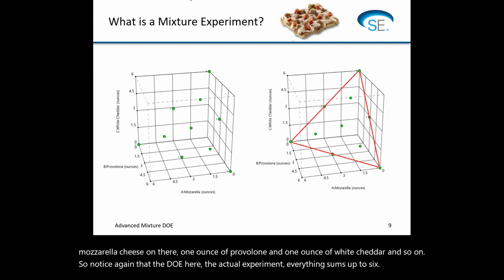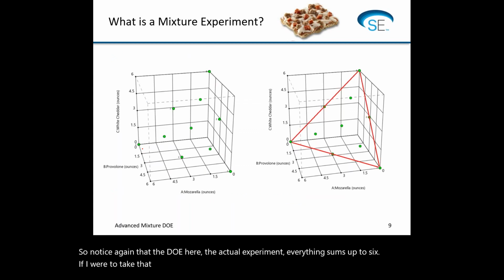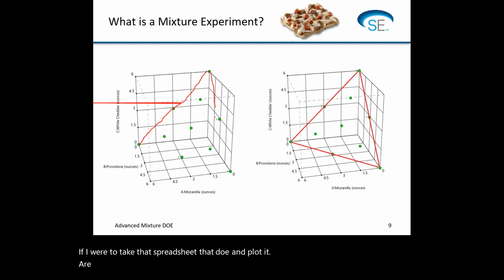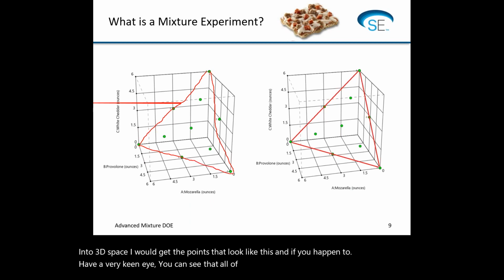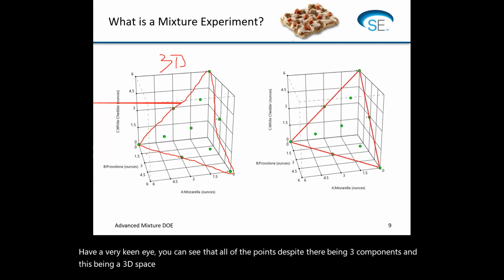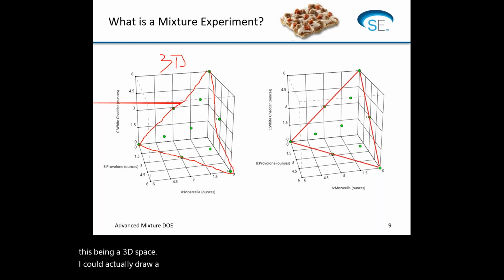If I were to take that spreadsheet, that DOE, and plot it into 3D space, I would get points that look like this. And if you happen to have a very keen eye, you can see that despite there being 3 components and this being a 3D space, I could actually draw a triangle inside this space where all of the points lie.